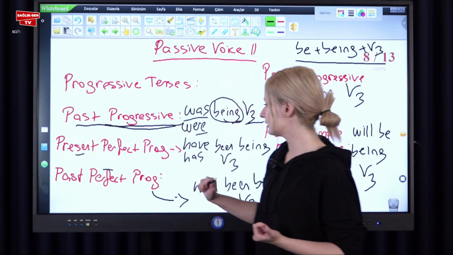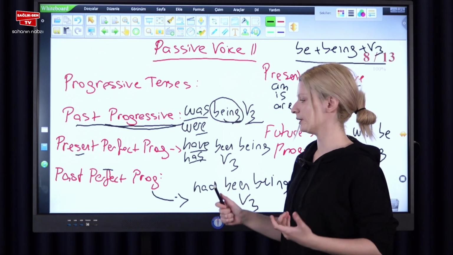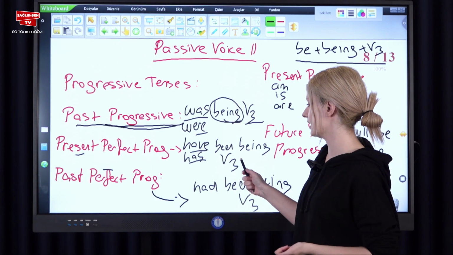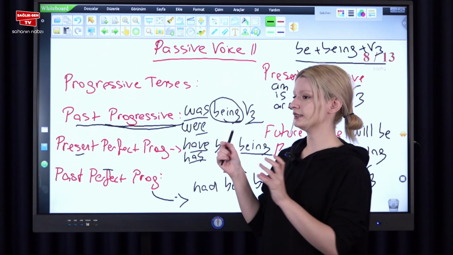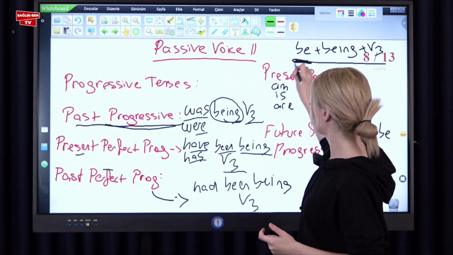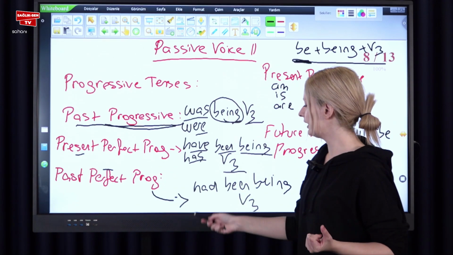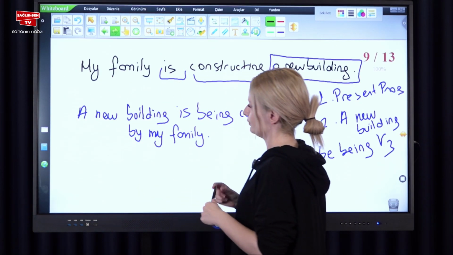Present perfect progressive, I will either use have or has, again depending on our new subject, been, being, verb 3. Don't forget to actually add this be form. Past perfect, had been, being, verb 3, for example.